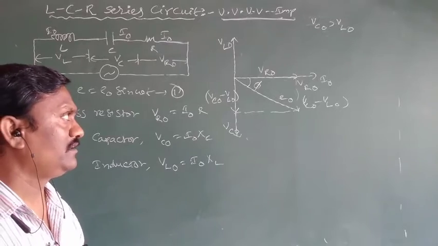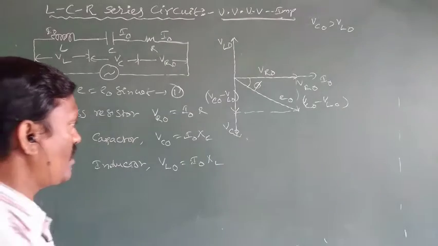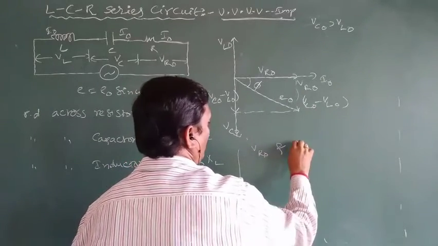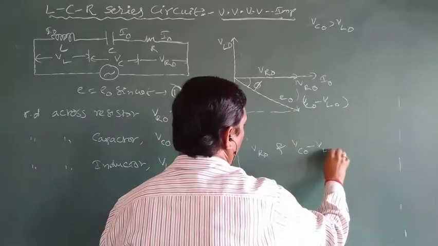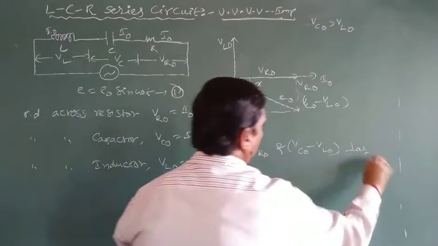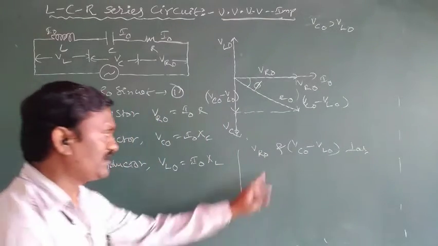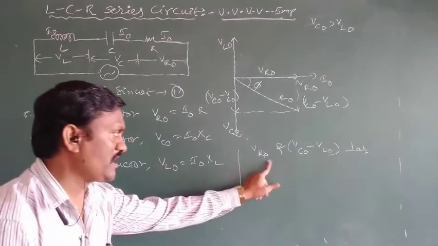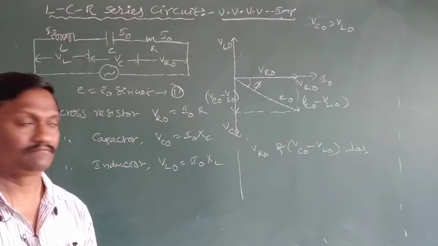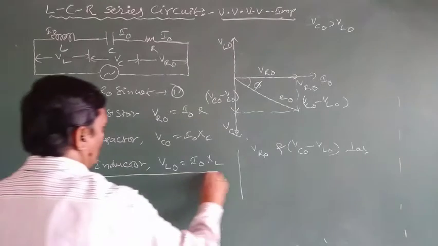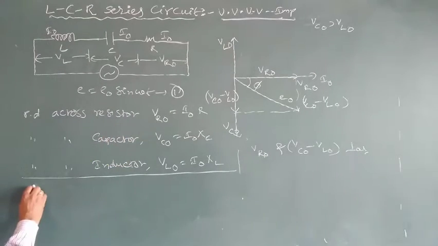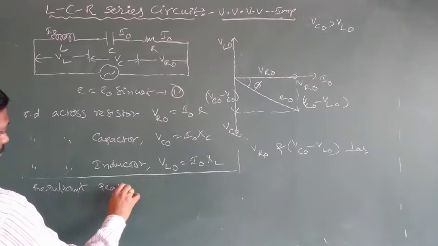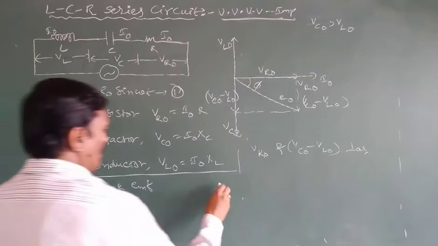According to the diagram, VRO and VCO minus VLO are always perpendicular. For two vectors acting in perpendicular directions, the resultant is the square root of A square plus B square. Now we have to find the resultant peak EMF, E0.